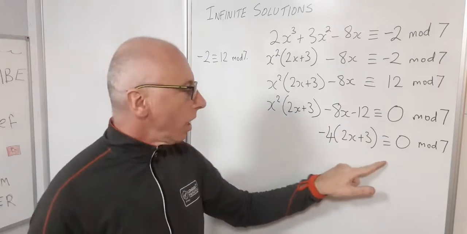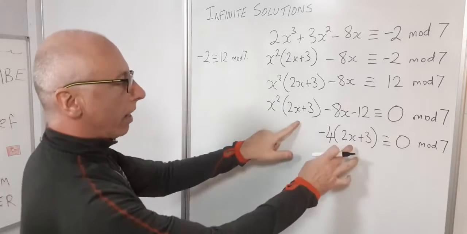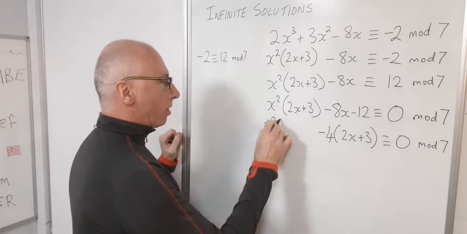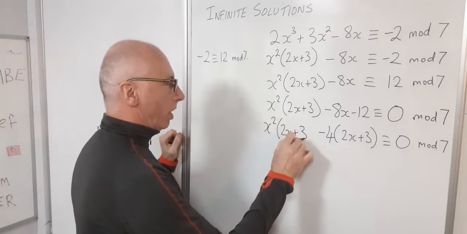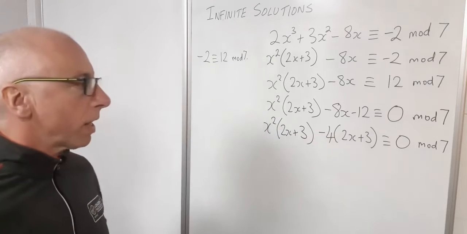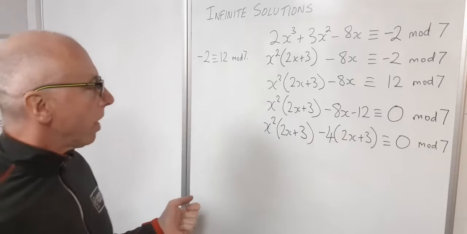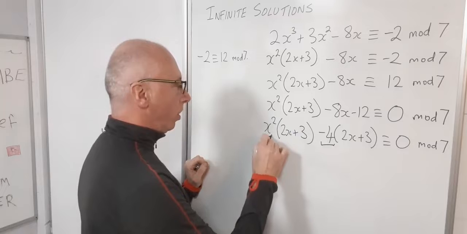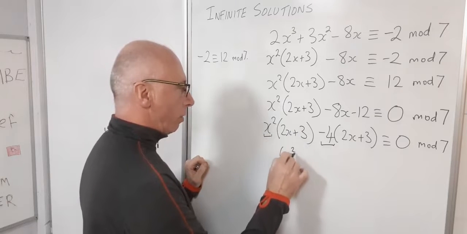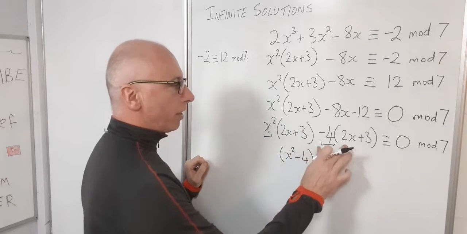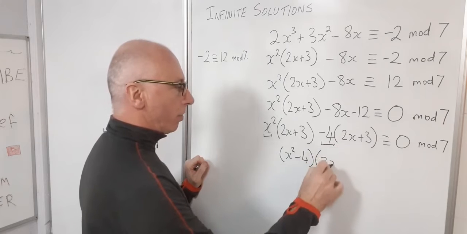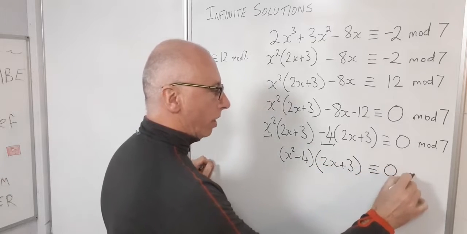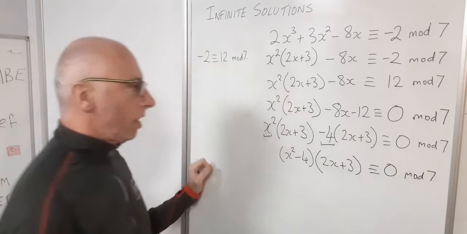So now I've got my pairs here of 2x plus 3. So let's rewrite this now as x squared, 2x plus 3, and then minus 4 times 2x plus 3. So I can rewrite this now with my x squared and my minus 4. I can write this as x squared minus 4 and distribute that with 2x plus 3. And that's going to be congruent with 0 mod 7.